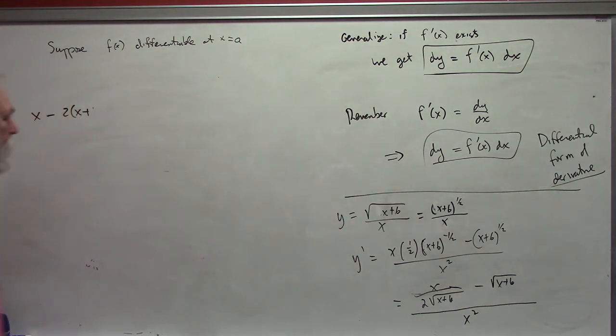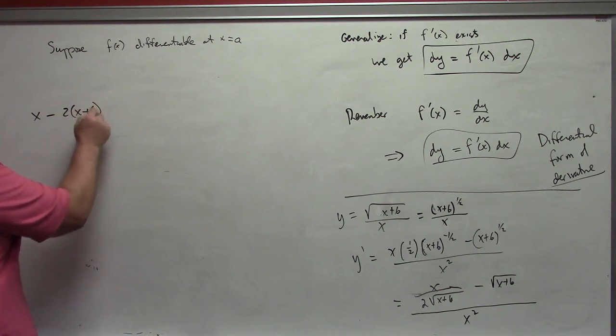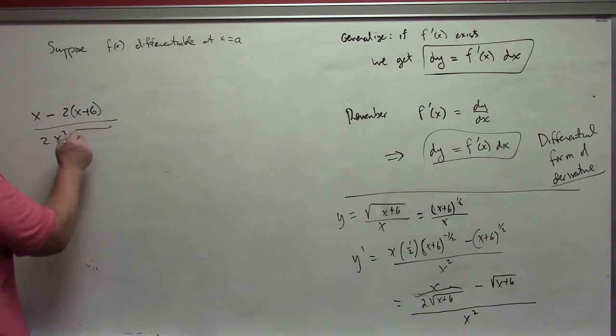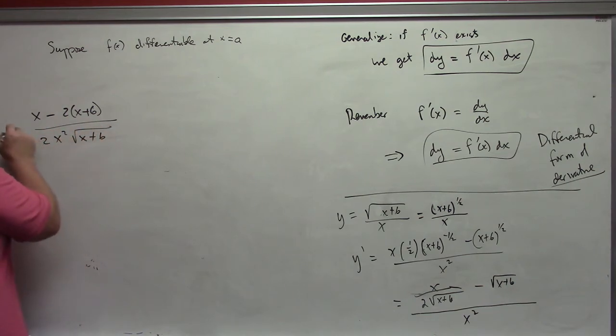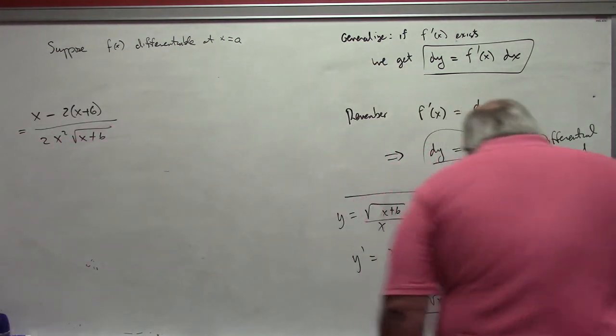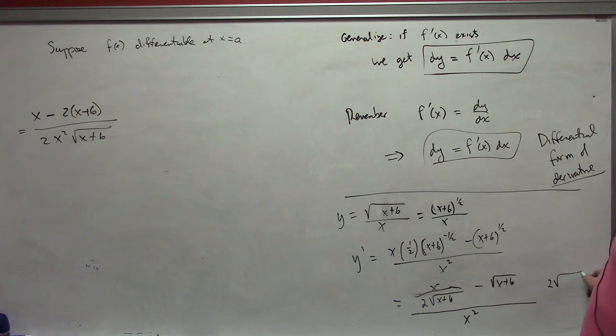I get x minus the quantity 2 times x plus 6, all over 2x squared times the square root of x plus 6. If I take this and multiply the big fraction by 2 square roots of x plus 6 over 2 square roots of x plus 6 and distribute, the algebra works out accordingly.